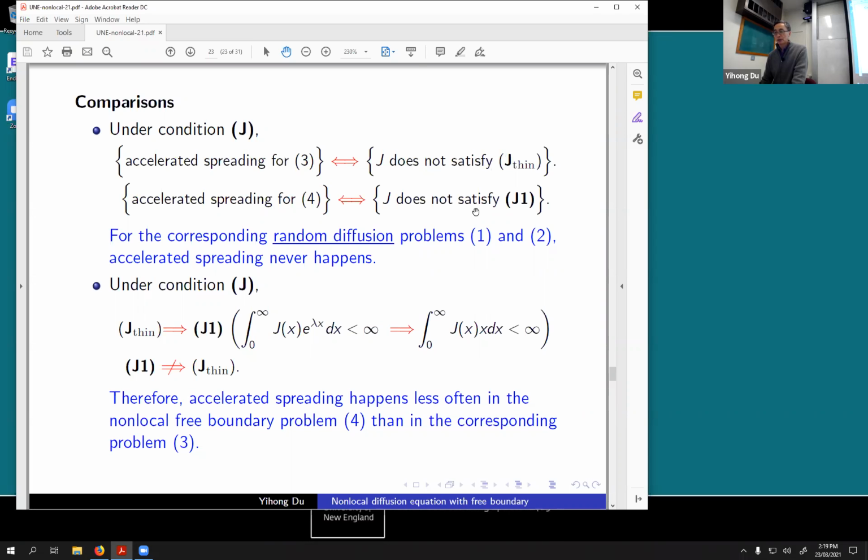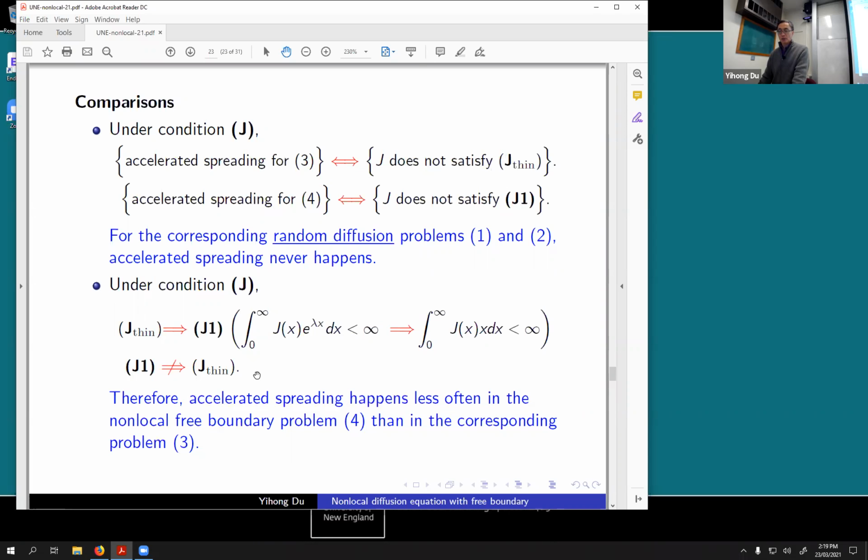Here it happens if and only if J1 does not hold. J1 and J are actually comparable: this implies that, but not the other way around. Therefore, accelerated spreading happens less often for the problem with the free boundary than for the one without a free boundary.